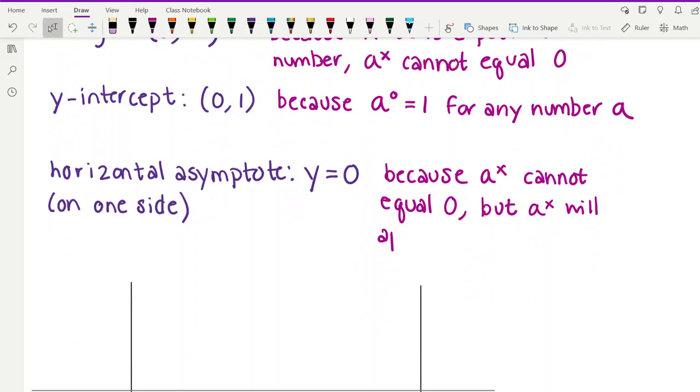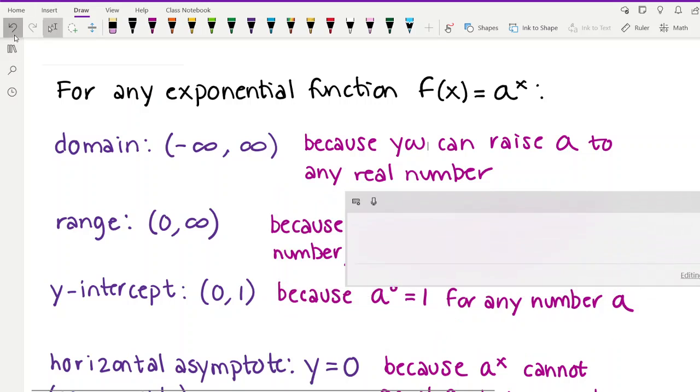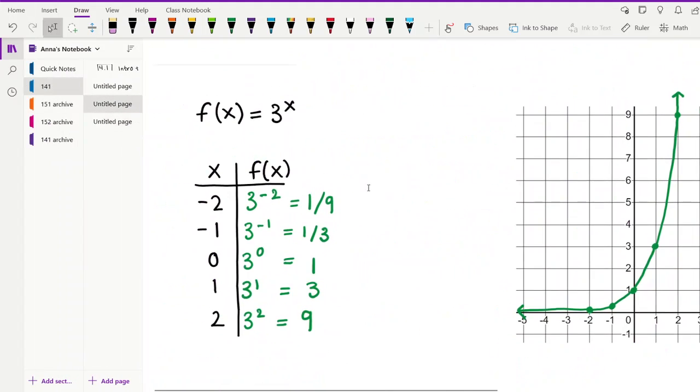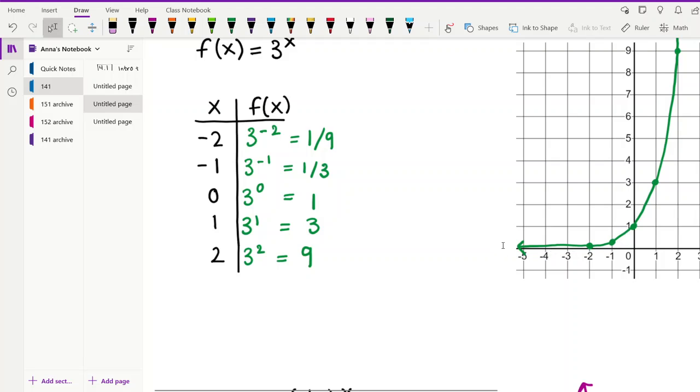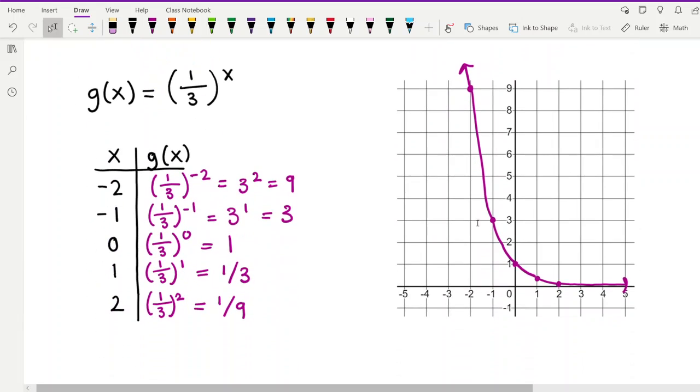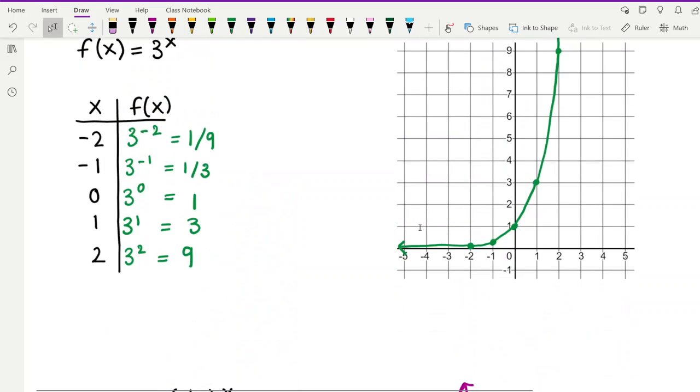There we go. Approach 0. I'll leave it at that because it depends on which type of function we're looking at. Either the function will approach 0 to the left or to the right. In the example here, as we plugged in more and more negative numbers, the graph got closer to 0. But in the example here, as we plug in more and more positive numbers, the graph gets closer to 0.